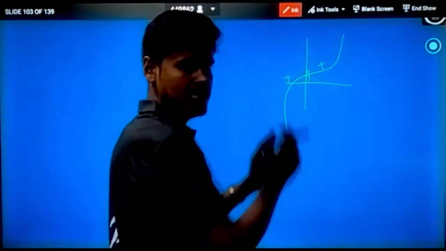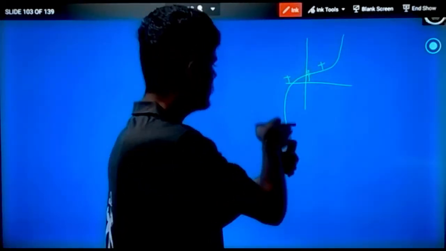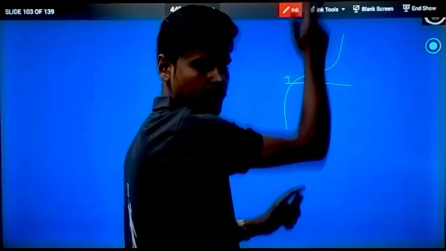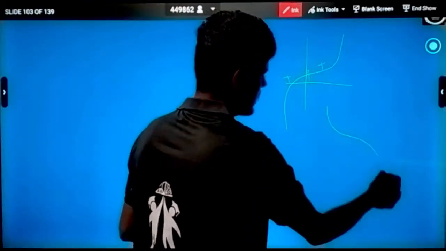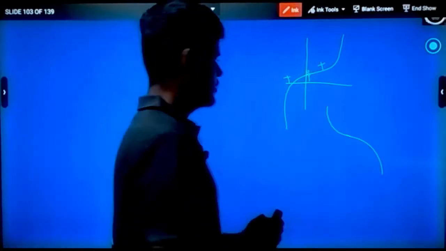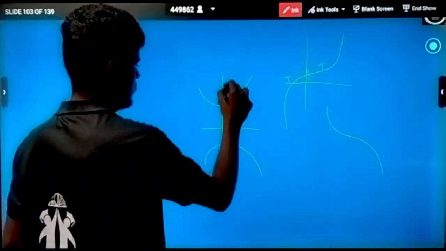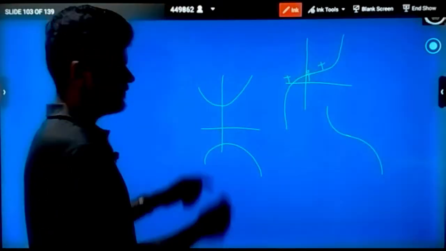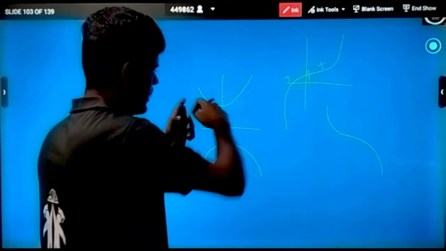So what is the understanding? The curve changes its curvature from concave downward to concave upward, or from concave upward to concave downward. Both are the same. So what we actually need to do is break this curve into concave upward and concave downward parts, into two regions. When the curve is looking like this, that is concave upward.